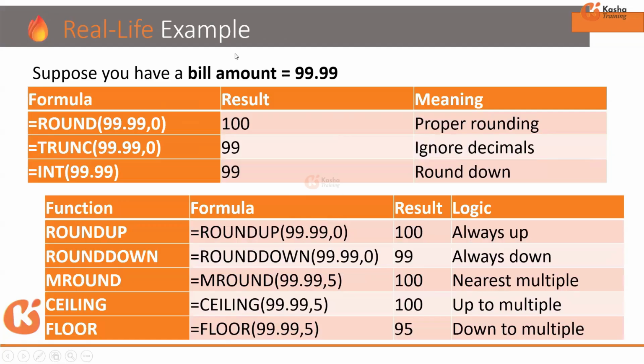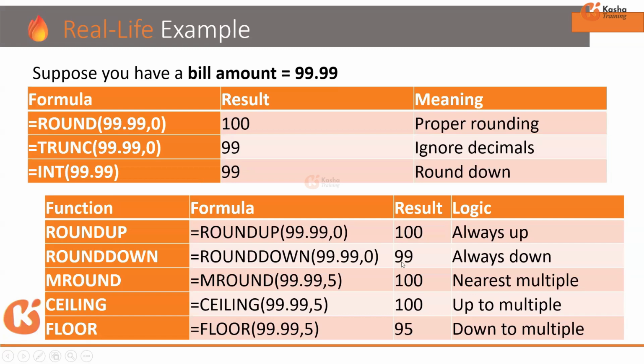Then let's see a real life example. Let's suppose your bill amount is 99.99. If you use ROUND, it will give 100. If you use TRUNC, it will give 99 because it removes the decimal. Then INT again gives you 99. Now ROUNDUP will round up.